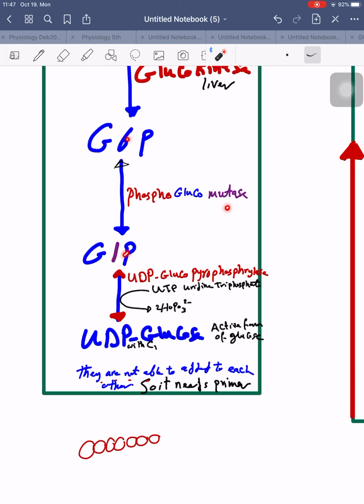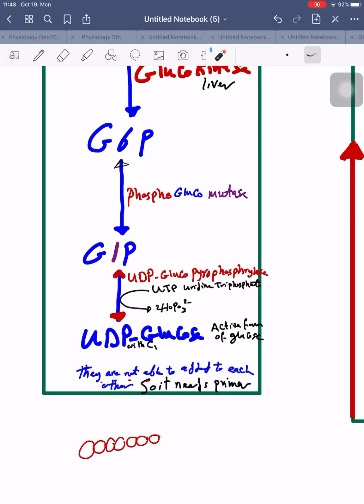It is called a mutase, and this mutase can work in the opposite direction, from 1 to 6. So this is phosphoglucomutase, which can transfer the phosphate group from carbon number 6 to carbon number 1. So we now have glucose 1-phosphate, whether we are in liver or in muscle. Don't forget, we are in liver or in muscle.